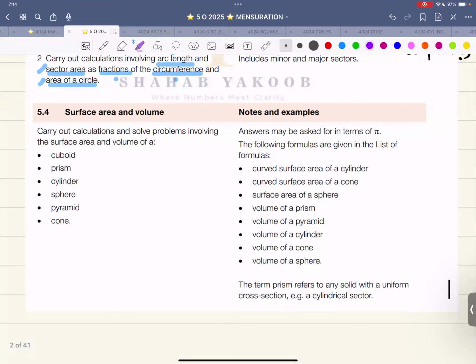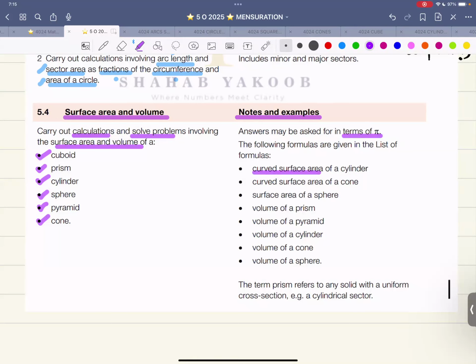And then we are talking about surface area and volume. Carry out calculations and solve problems involving the surface area and volume of a cuboid. That includes cube also. Prism, cylinder, sphere, pyramid, cone. And what is given in notes and examples? Answers may be asked in terms of pi. That's perfectly good for us.